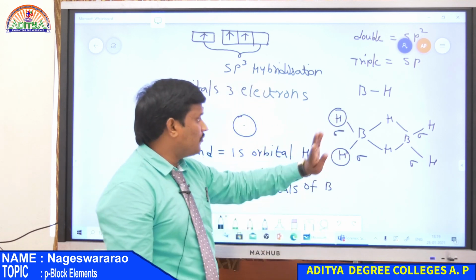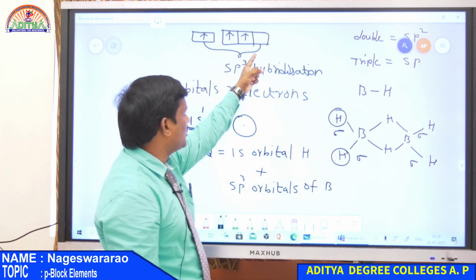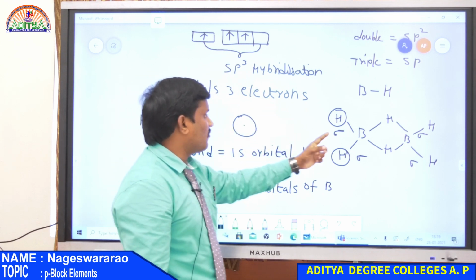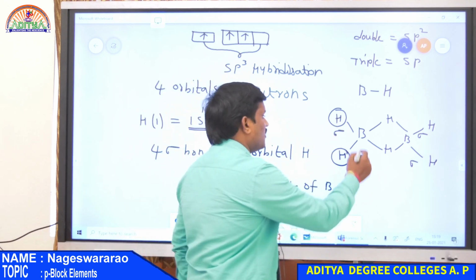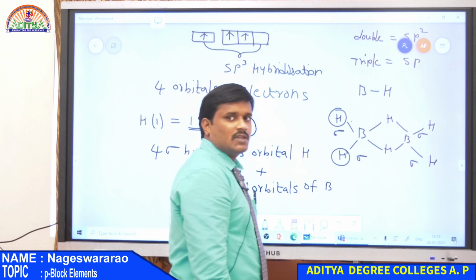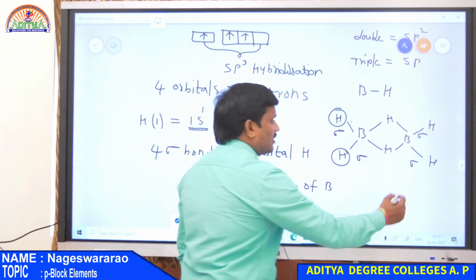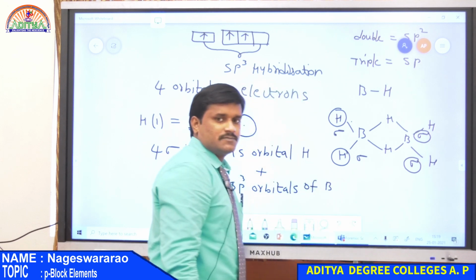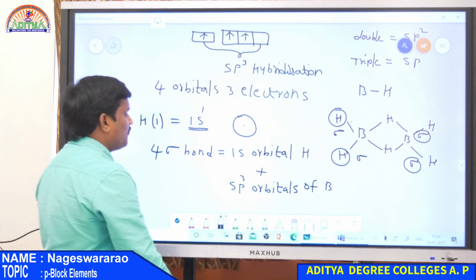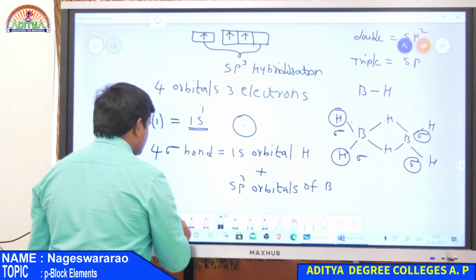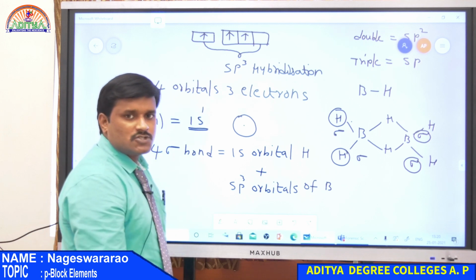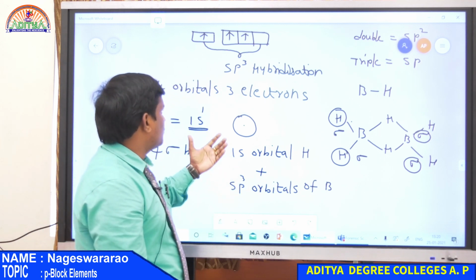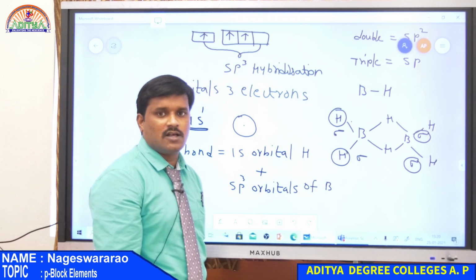Therefore, out of 4 orbitals present in the boron atom, 2 orbitals overlapping with hydrogen form 2 sigma bonds. Similarly, for the second boron atom also, there are 2 more sigma bonds. Therefore, totally there are 4 sigma bonds. So stop here today. The remaining structure of diborane is explained in the next class. Thank you.